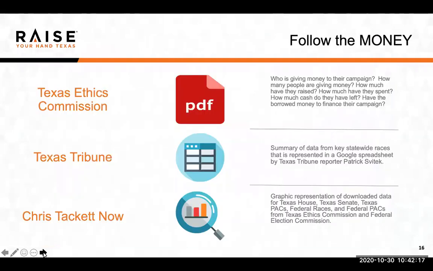There are three sources that I'm going to point you to. The first one is the Texas Ethics Commission, where all state level candidates, not local candidates, so I'm not talking about school board or city council, but legislative and state level offices, file their reports directly. You can find out who's giving money to the campaign, how many people, how much they are giving, how much the candidate has raised in a certain window of time, how much they have spent, how much they have left, and whether they have borrowed any money.